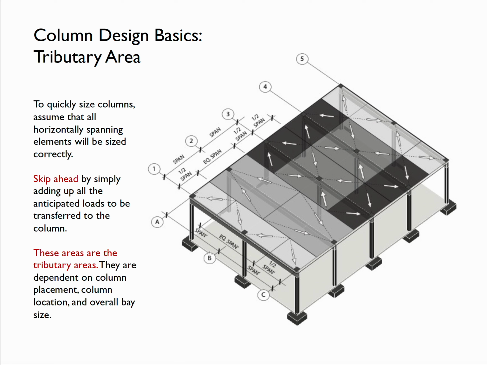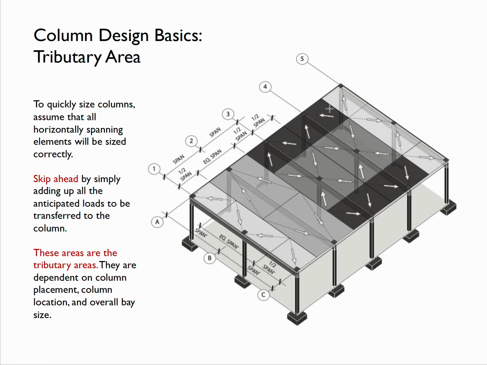In this particular diagram, I want you to look closely at it. It's trying to diagram the tributary areas for what would be transferred to each column. Now, in the corners, it goes half of the span, and then half of the span. So just that much tributary area goes to the corner column.